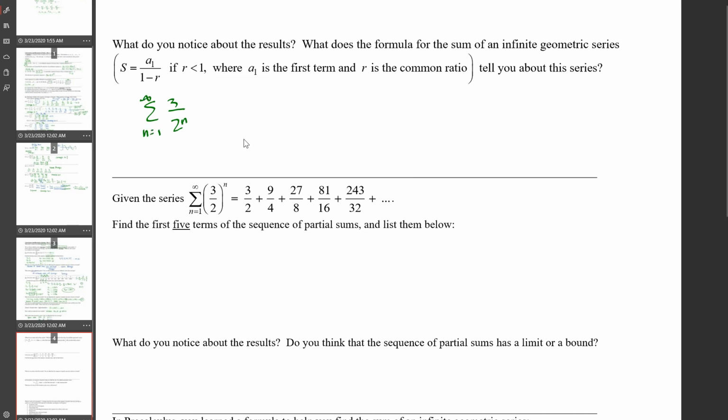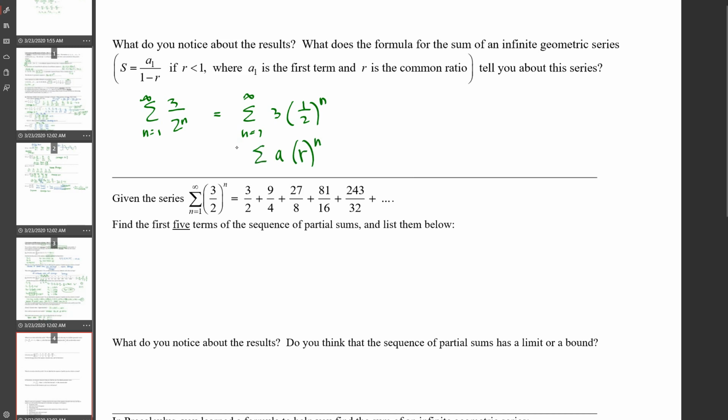If we look at this closely, another way to write this would be the sum as n equals 1 to infinity of 3 times 1/2 raised to the n power. It's actually the same thing. And so this is in that geometric series formula, kind of. This is a, this is 1/2, which is like your r. So this is r raised to the n.